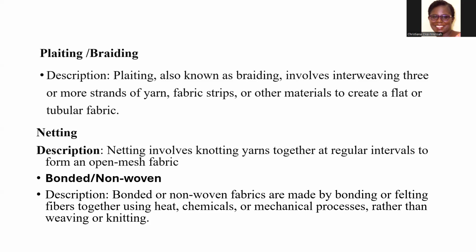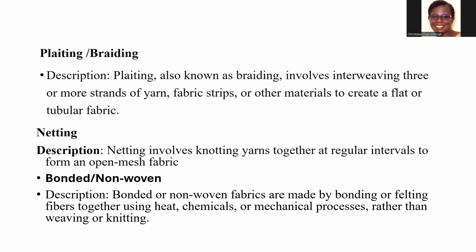Then we have netting. Netting involves knotting yarns together at regular intervals to form an open mesh fabric. Then we have the non-wovens. The non-wovens are the ones where we use adhesives to bond the fibers together into a sheet-like, two-dimensional form, just like some carpets, some blankets, tissues, and pads.